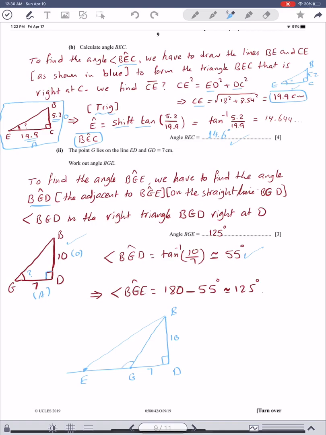We want this angle, the one they want. So what did we do, dear students? We found this one by tan inverse of 10 over 7, which is 55. Since the angle that we want and this angle are adjacent, forming a straight line, they add up to 180 degrees. So the last step: the angle that he wants, BGE, is 180 minus 55, which is almost 125 degrees.